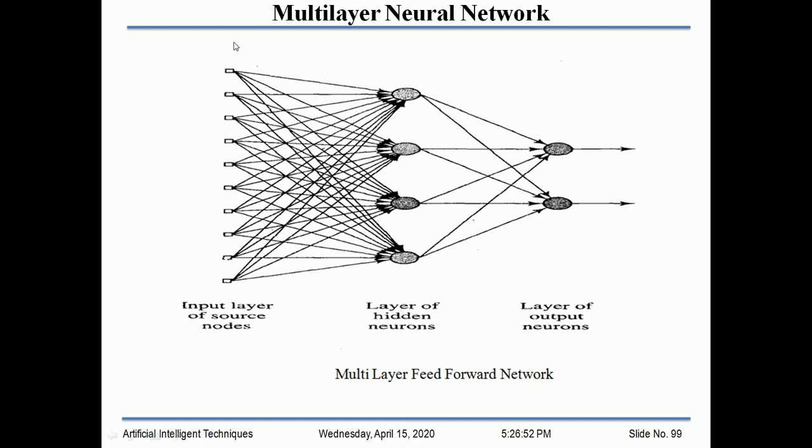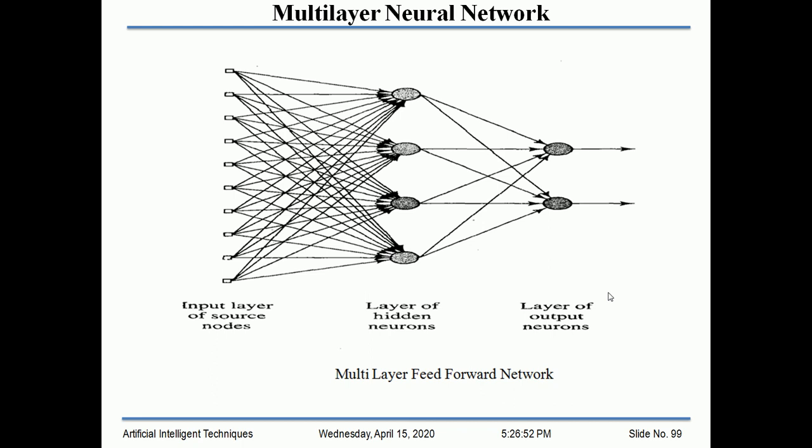Now how do you train a neural network? Let us forget about the multi-layer neural network for a moment. The procedure goes like this. Initially, you provide the inputs to the network. The output will be calculated, which you call the actual output. That output will be compared with the desired value, so there will be some error.